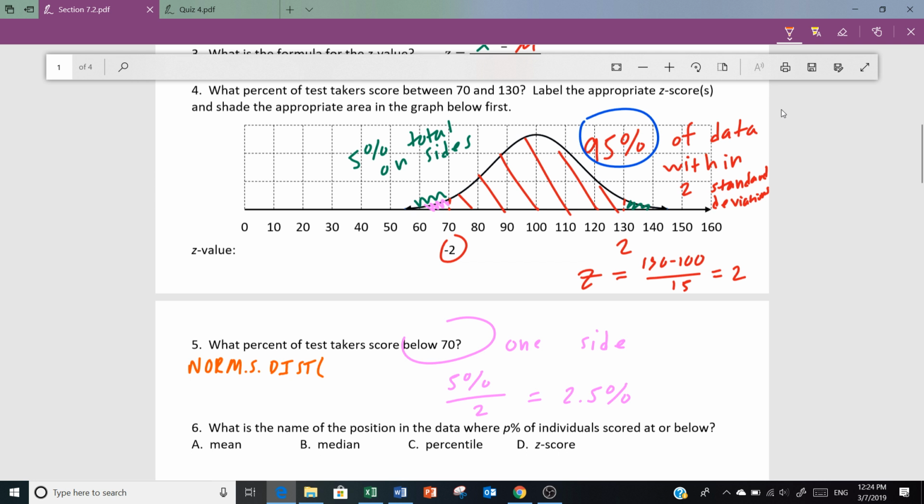If you have Excel open, you can verify that when you put -2, comma, true in, it will in fact give you 0.025. So what do you have to do before you put the value into Excel? You have to find the z-value first, and then you can do the norm.s.dist of the z-value.